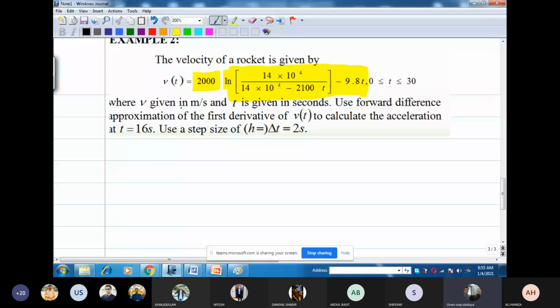Here v is given in meters per second and t is given in seconds. Use forward difference approximation of the first derivative to calculate acceleration at t is equal to 16 seconds. Use the step size of h is equal to 2 seconds.